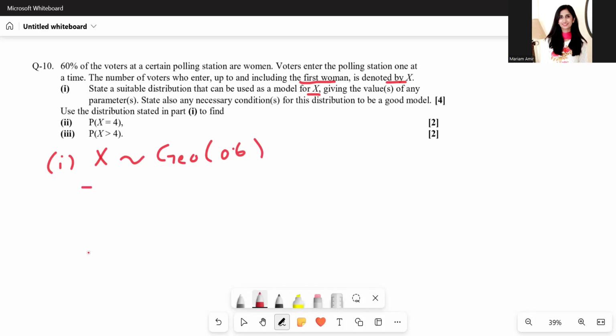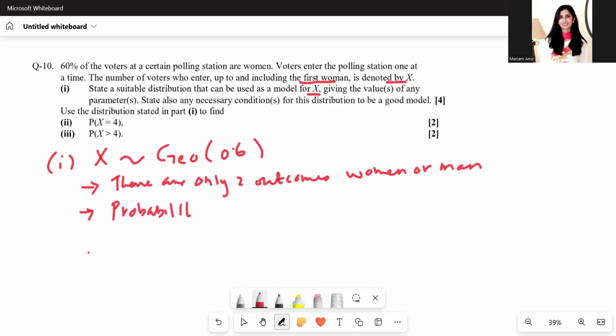Okay, so the three conditions are that there are only two outcomes: woman or man. Then we have probability of success is fixed.